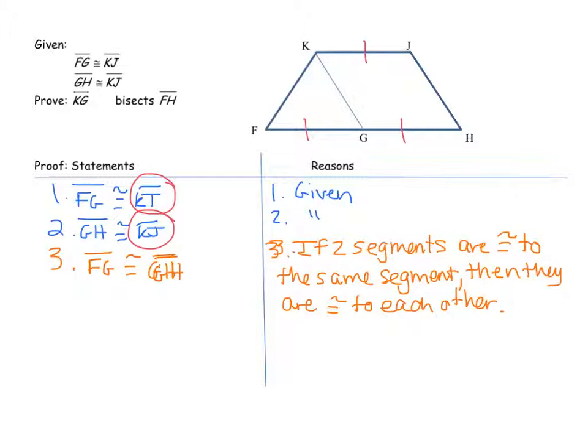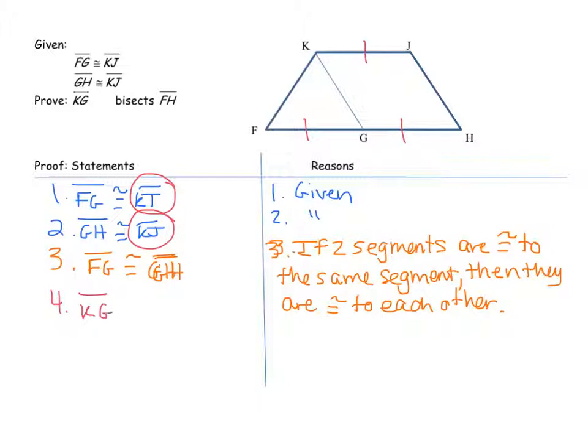Now that's not what they were asking me to do in the proof, so I'm still going to have another step in my proof. But I had to put that step first before I could say that KG bisects segment FH. You should be thinking bisects means divides into two congruent parts. Now that I have those two congruent parts marked, FG and GH, I'm ready to finish the proof with the bisects.